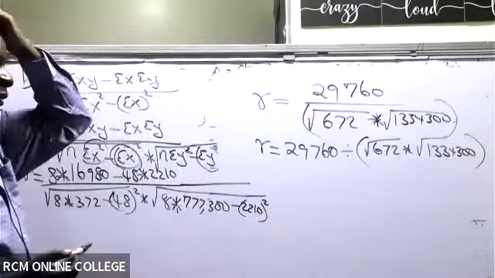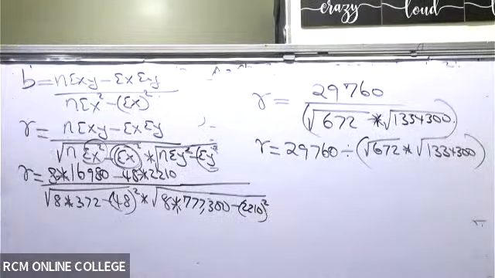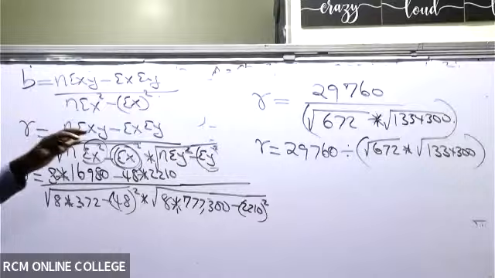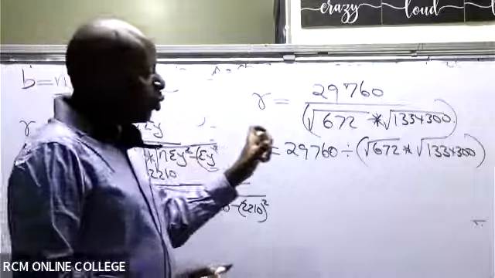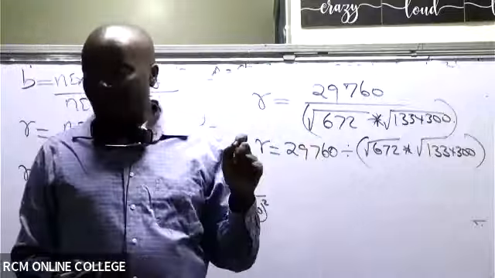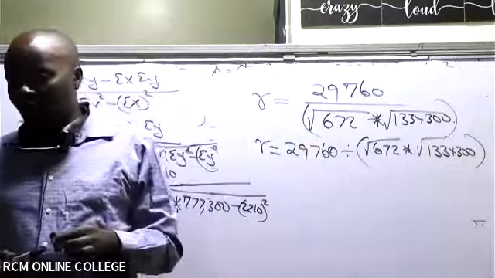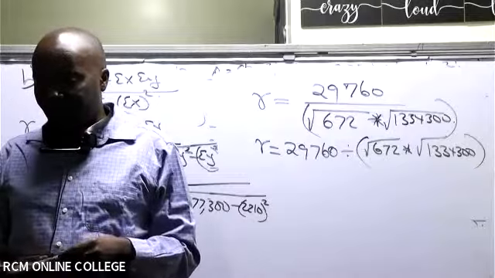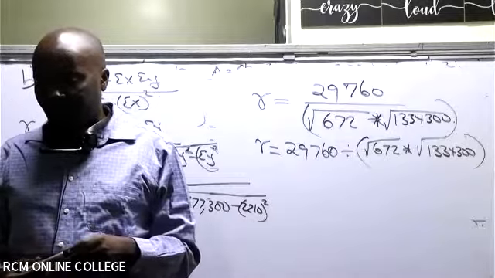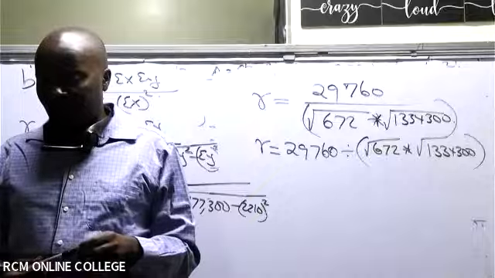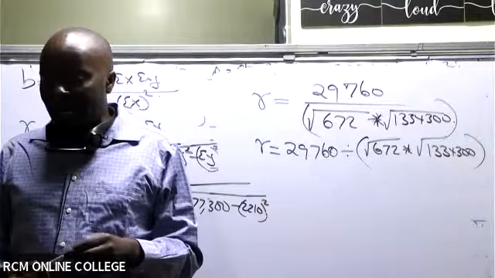What figure will you get? In your calculator, I want you to do it with one stroke, but remember to put the denominator into brackets. What are we getting, ladies and gentlemen, here as our R?